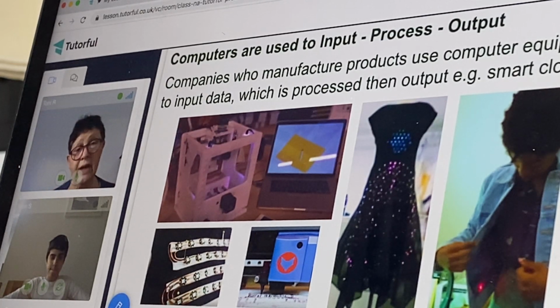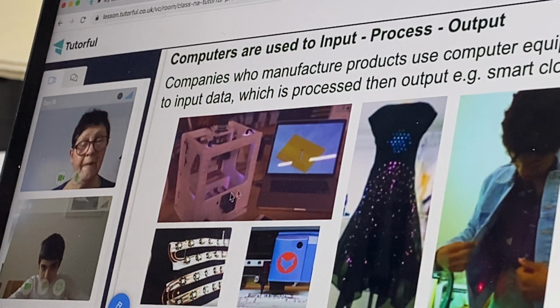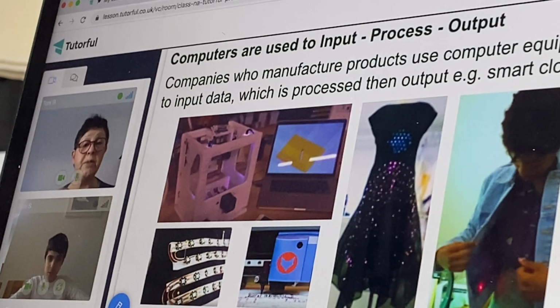Do you know what that top one is there on the top left? The white one. No, on the left. What's that one? Have you seen it when people make things from a printer? Oh, yes, yes. Okay, that's what this one is.